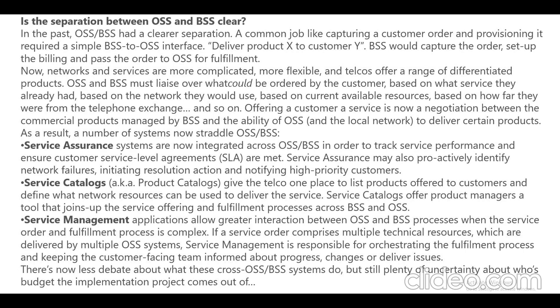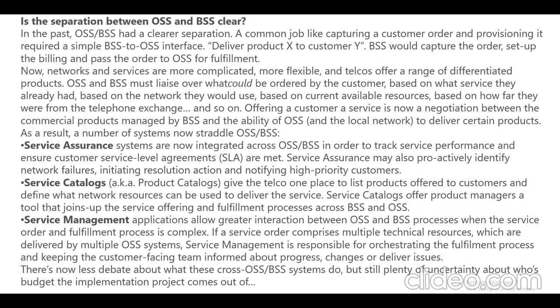Now network catalogs and the product catalog, which is for telco, are used to place the list of product offerings to the customer and define what network resources can be offered to deliver the services. Whereas the service catalog is offered to the product managers, the tools through which you offer services, a fulfillment process across the BSS and OSS.